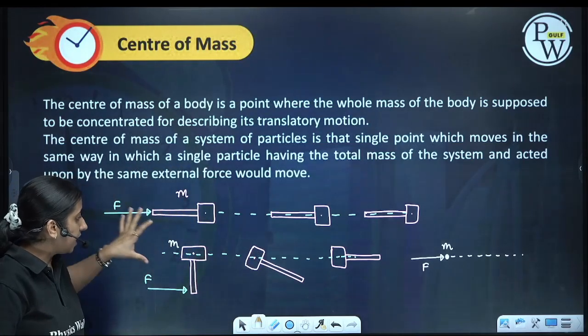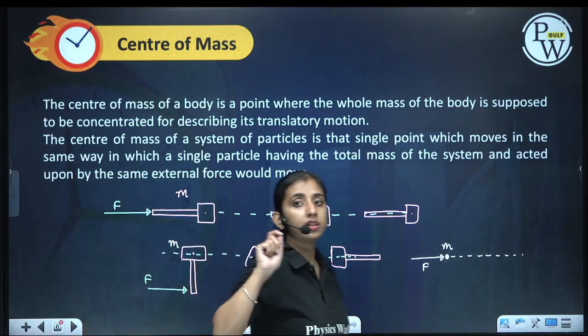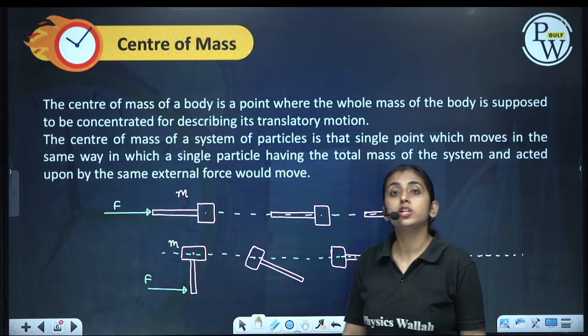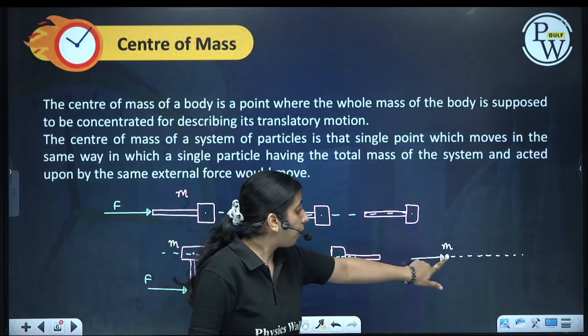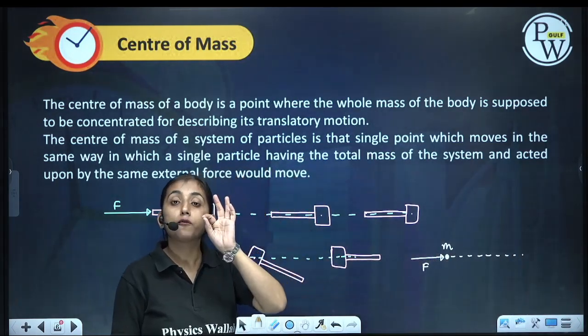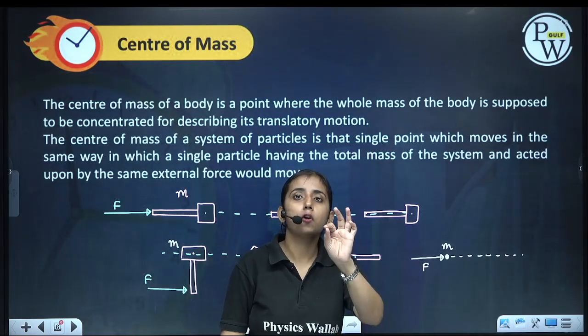So there is a point on this rigid body, the hammer, which will move just the way this point mass particle of the same mass as the hammer is moving under the action of the same force.